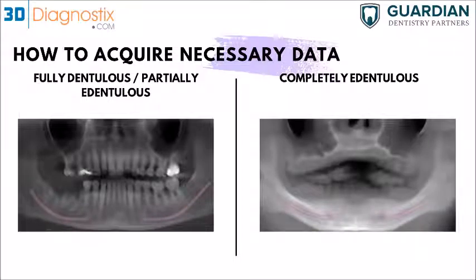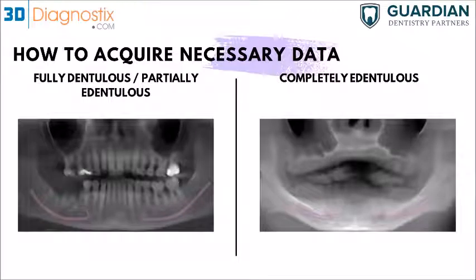So in the first scenario where the patient has dentition, then of course it would be a cone beam CT scan. And we recommend sending us an intraoral scan of the arch of interest. Usually the arch of interest would be enough, but I think it's more ideal, since we've seen in the previous example, to send in the opposing and the bite, because it helps a lot with setting the virtual wax up, and seeing if the patient has any problems with bite, for example a cross bite or an open bite.